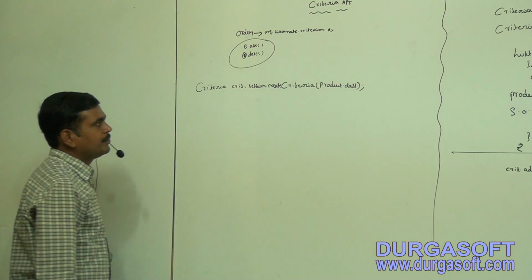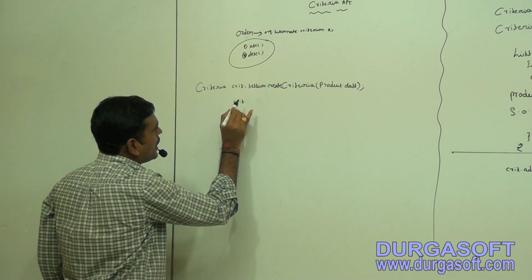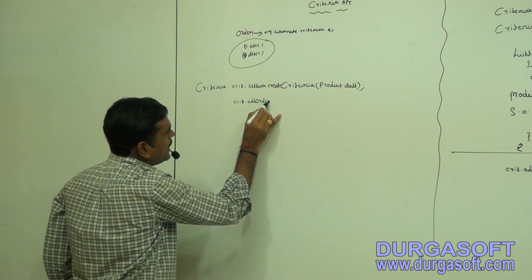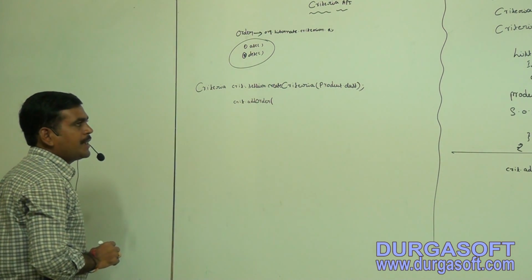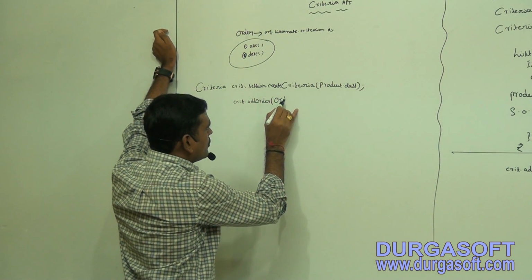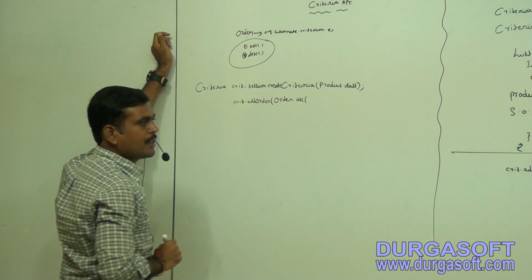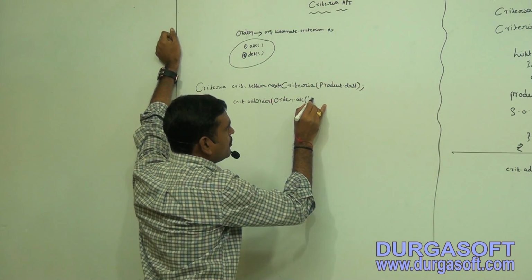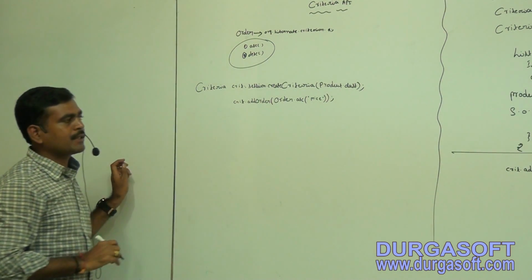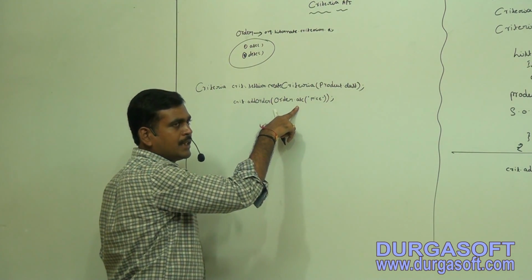Then next after that crite dot addOrder. addOrder is the predefined method given by the Criteria interface. addOrder, under that Order dot asc, ascending order. Then we can pass here what? Price. If we want a descending order, then we can take what here? DESC.